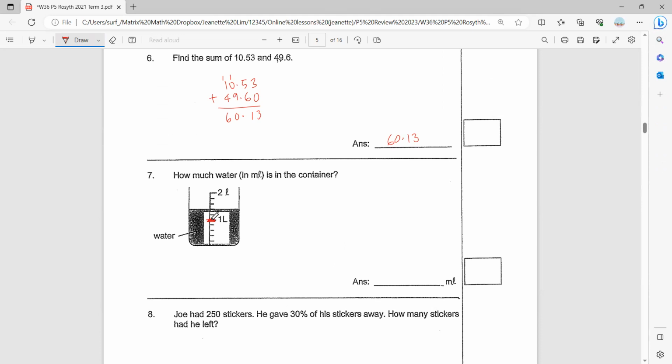So this is 1 liter and 200, 200, 400. 1 liter, 400 ml, or 1.4 if you're reading it as 1.4, then this will be 1,400 ml.